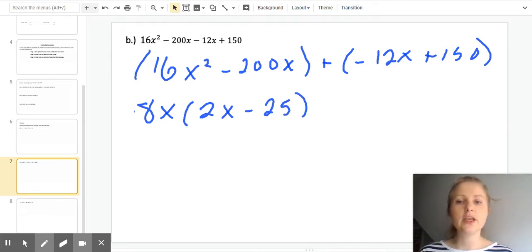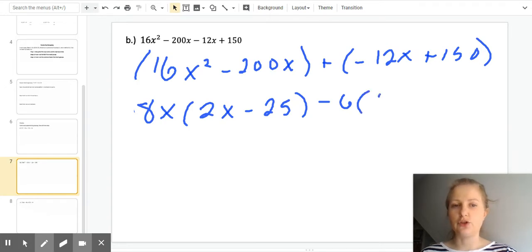And then now, again, we're going to want these to be the same. So I'm going to factor out a negative here because I want this first term to be positive, just like this one. And I'm going to factor out a 6. And I can't factor out an x because this 150 doesn't have an x.